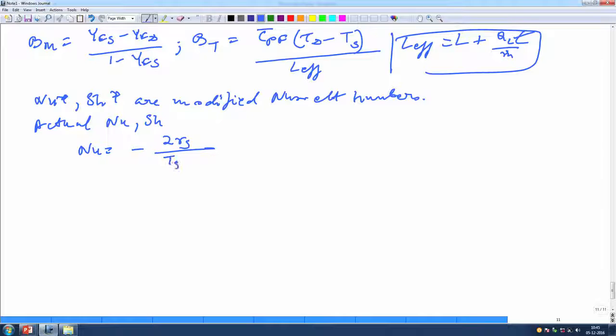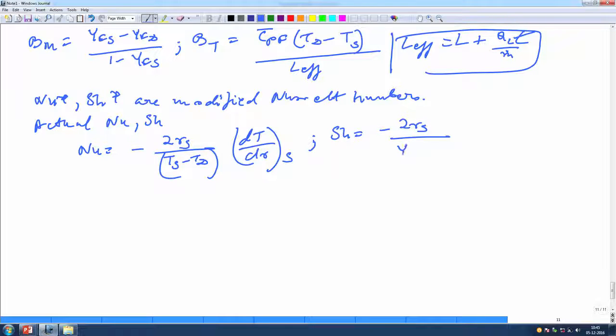If you look at the definition of Nusselt number, this is what the definition is, evaluated at the surface, right, that is what Nusselt number is, and Sh is given as 2 Rs divided by (Yfs minus Y infinity) times dYf by dr at S, right.